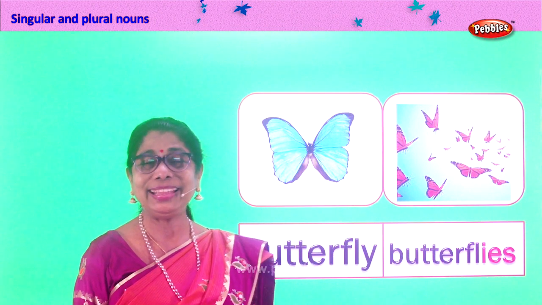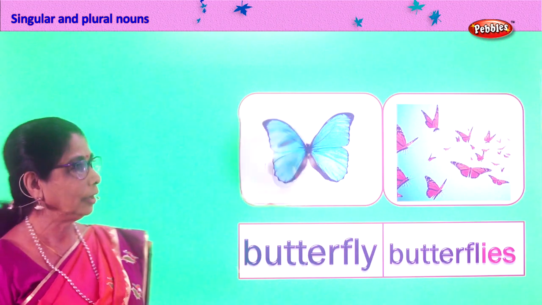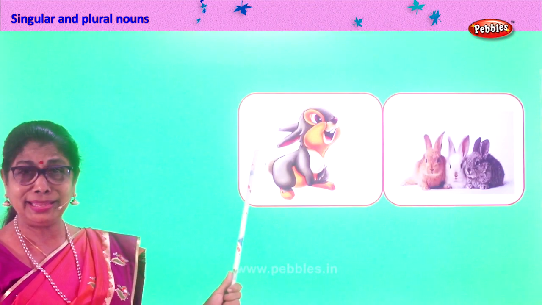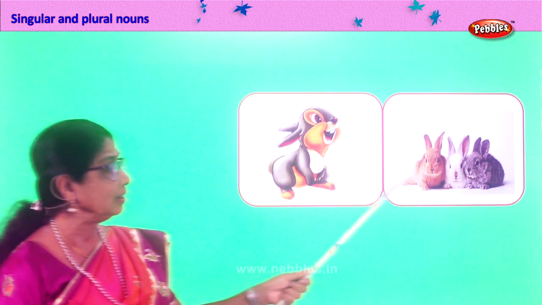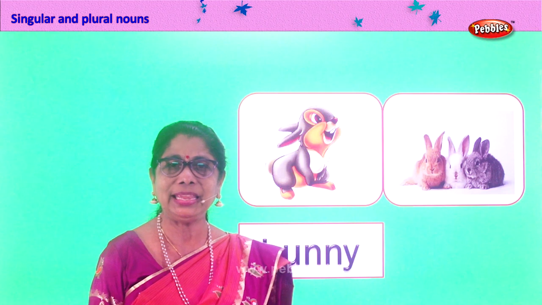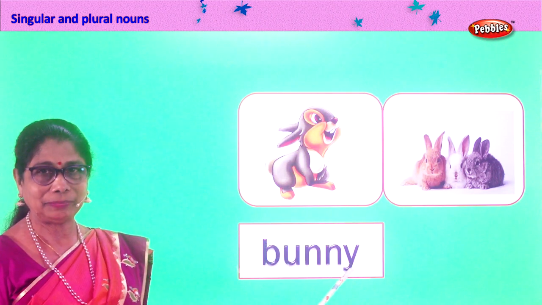Are you learning? Good. Let's look at another picture. Look what we have here. Who is this? Bunny. We have one here and we have three of them cuddled away here. Spell bunny. B-U-N-N-Y. Bunny.